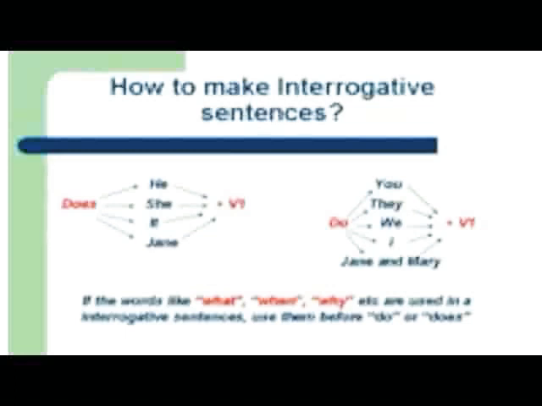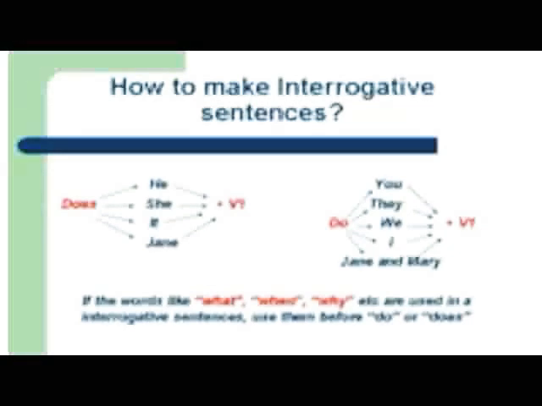As we have done in negative sentences, where we used does not with he, she, it and singular noun, similarly in interrogative we will use does with he, she, it and singular noun, and we will use do with you, they, we and I, and with plural nouns. We will put does at the start of the sentence, then a subject or any pronoun, then the first form of verb. Clear?